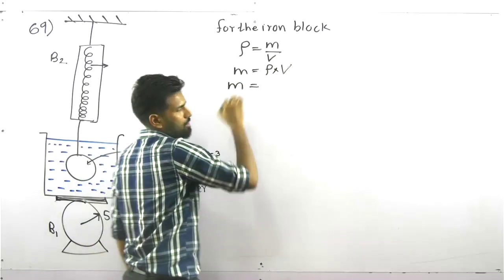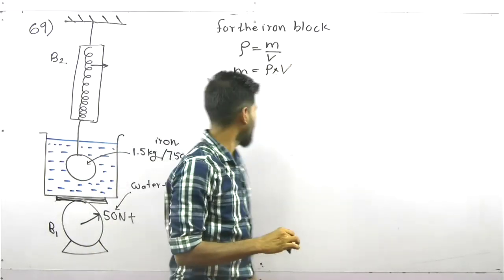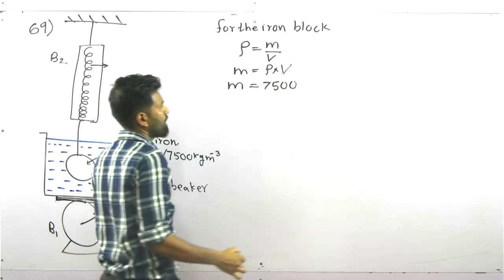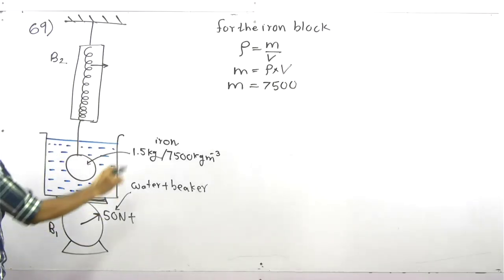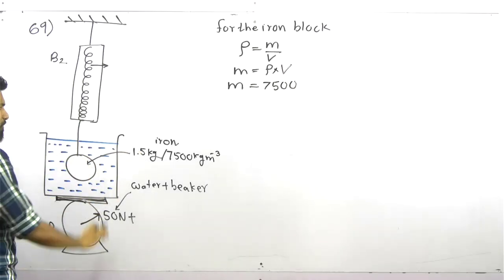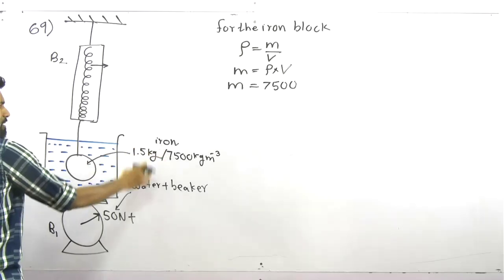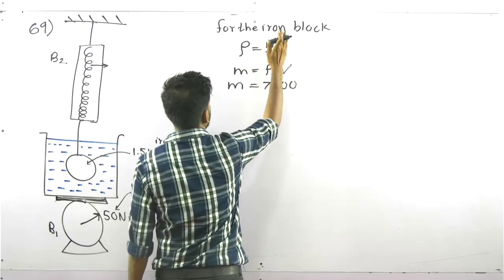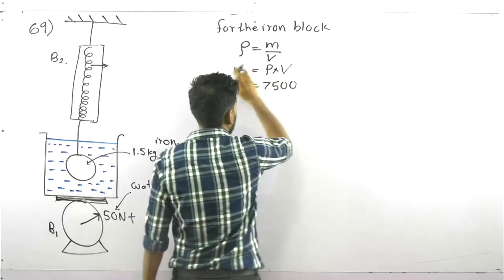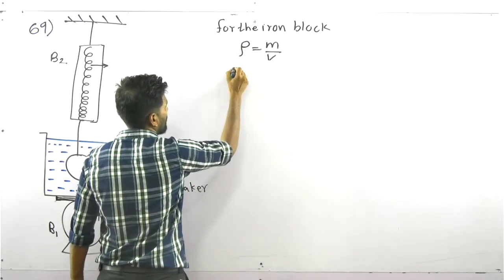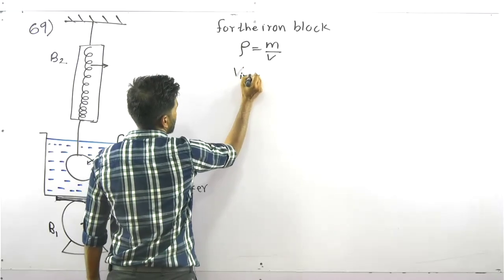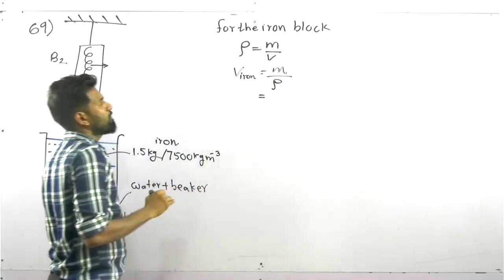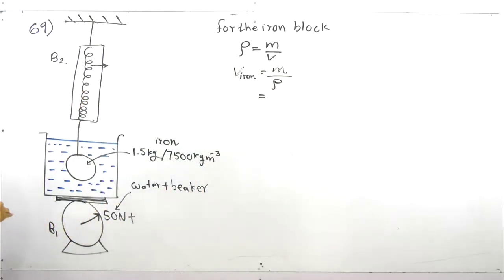Density of iron is 7500, relative density multiplied by 1000. The mass is given. Let's find the volume of it. Volume of the iron block is mass over density.